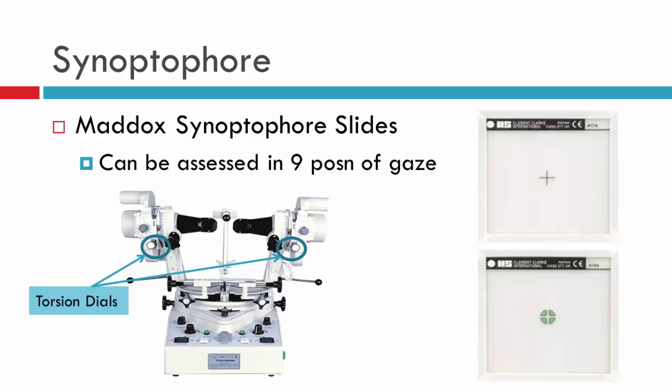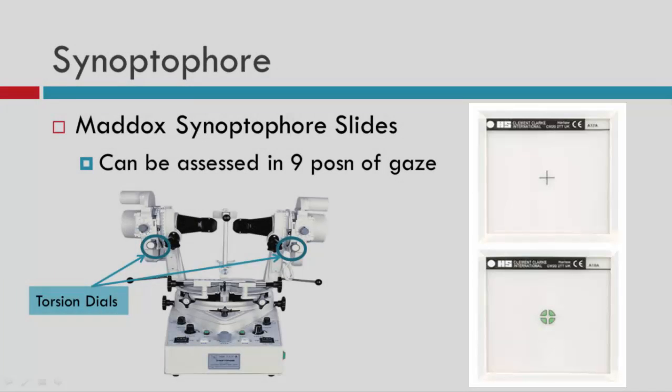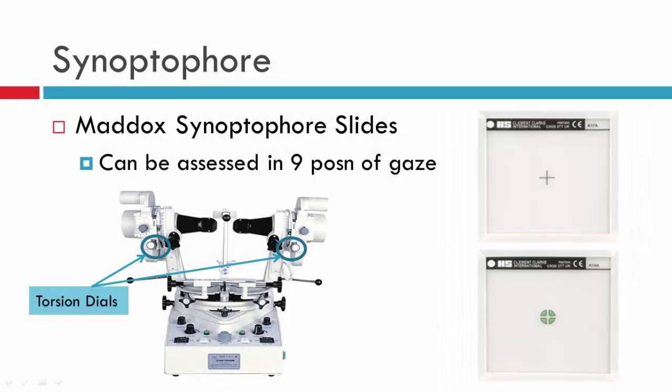And these are the Maddox slides, and you can see these to the right here, where you have a cross for one slide, and the other slide is a circle that can incorporate that cross. And just a reminder that these here are the dials or the knobs that you will rotate so that you can tilt the slides to correct for the torsion that the patient may be experiencing.